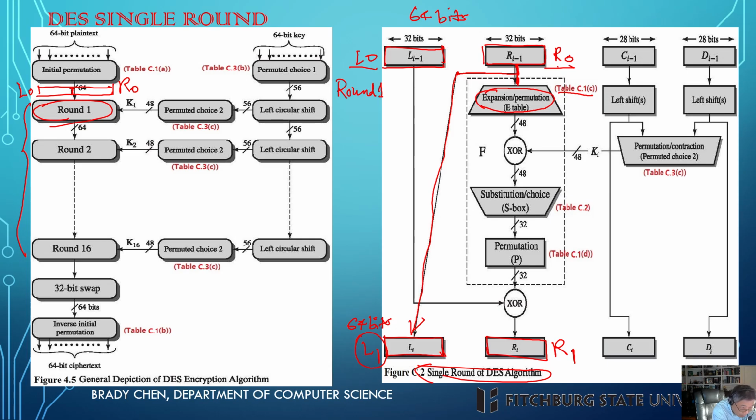R0 is 32 bits. After the expansion permutation, the 32 bits will be expanded to 48 bits. So we actually added an additional 16 bits to create 48 bits.